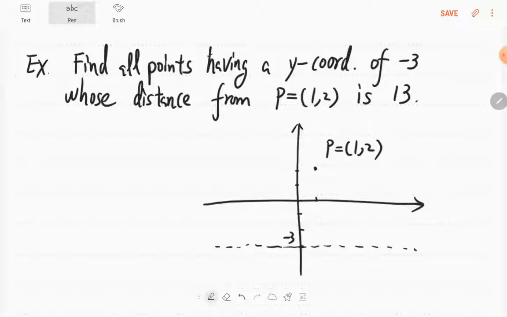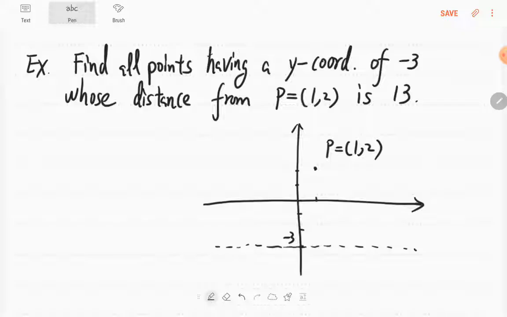Okay, we want to find the points on this horizontal dashed line such that the distance between the points and the point P is 13.